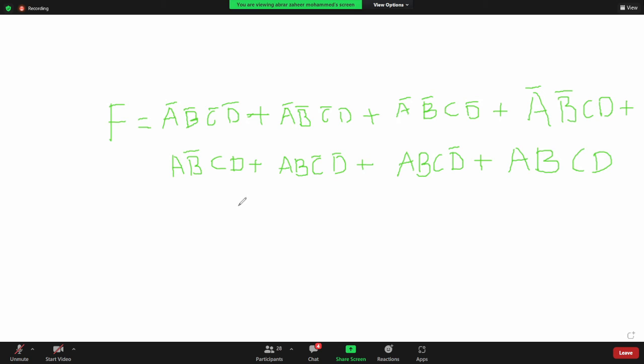Yes, we have to solve this by using K map. Solve this expression and tell me the minimized expression.